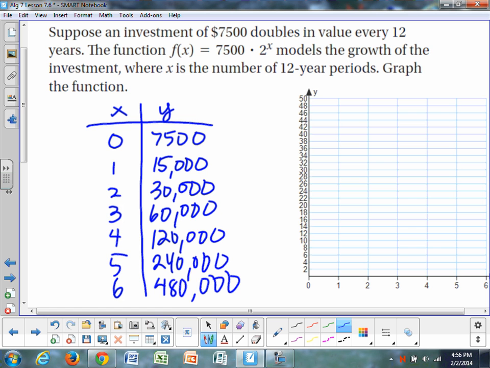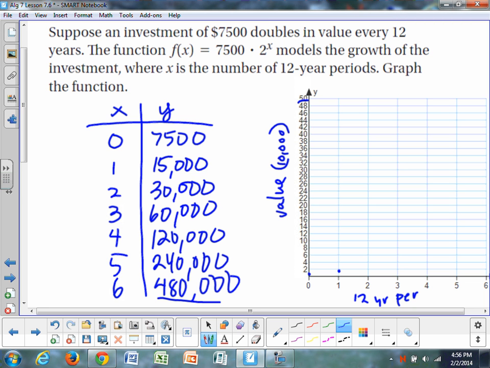Okay, so we have to pick a scale here. What we're going to say is that this is in 10,000s to make this work. So 50 10,000s is the same as 500,000. That will fit. So this is the value here, and this is the number of 12-year periods. The 0 12-year period is way, way, way down there. The first one is at 15,000, which is a little before 20,000.